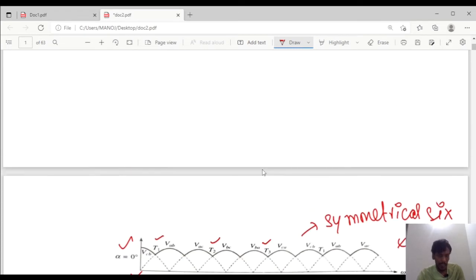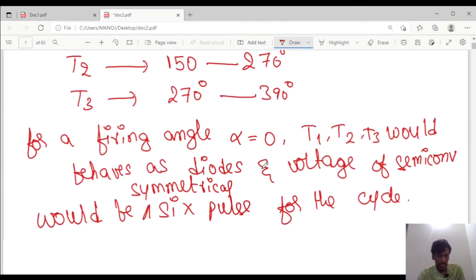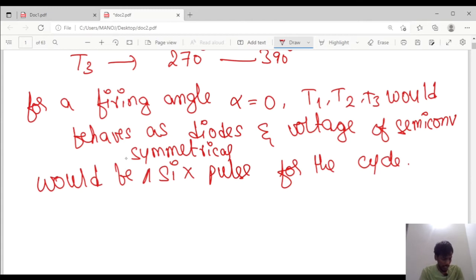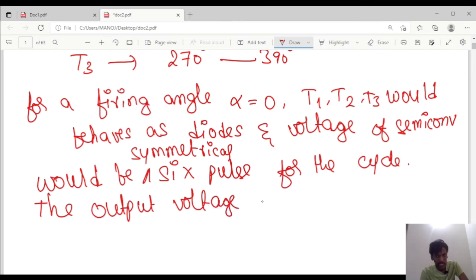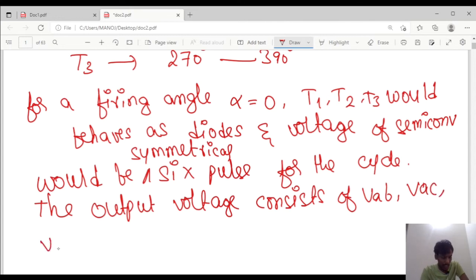Next, it would be a 6 pulse for a cycle, and the output voltage consists of VAB, VAC, VCB or VBC. This will be continuous.